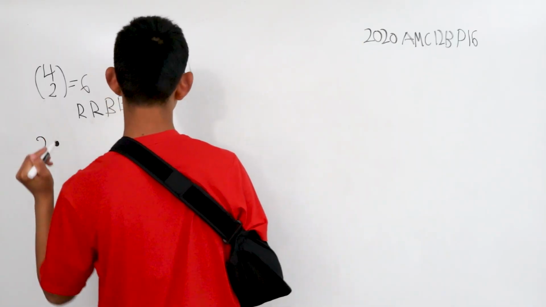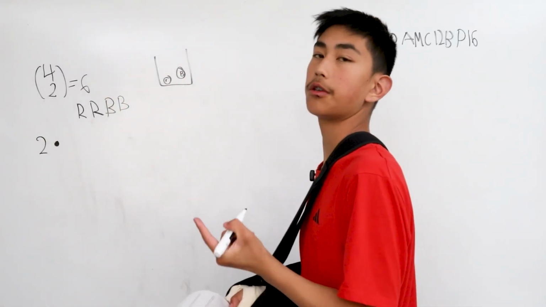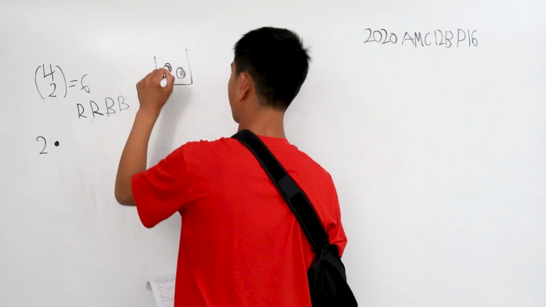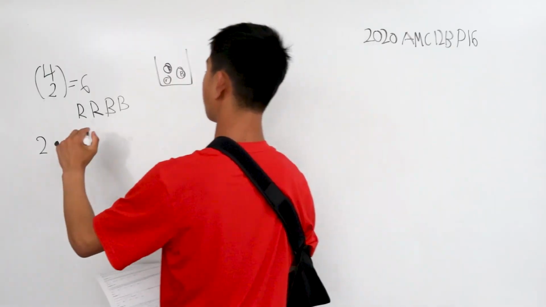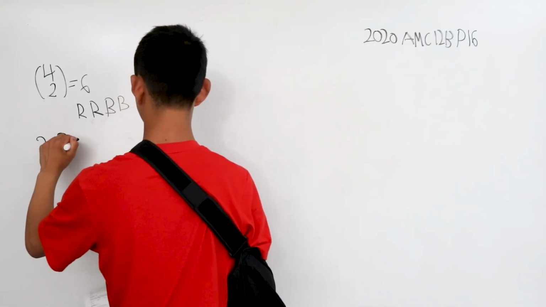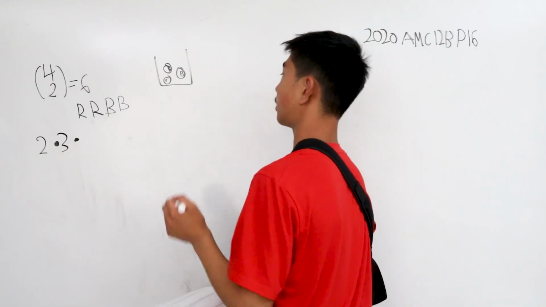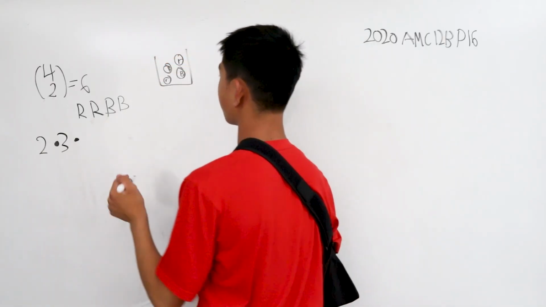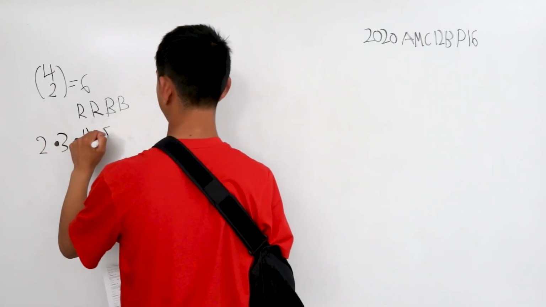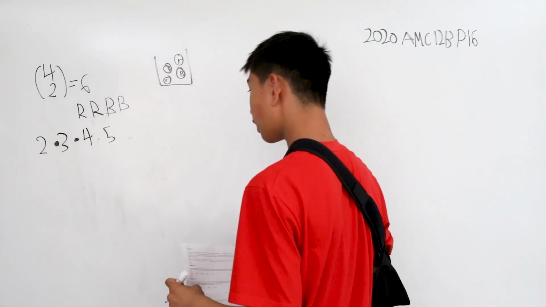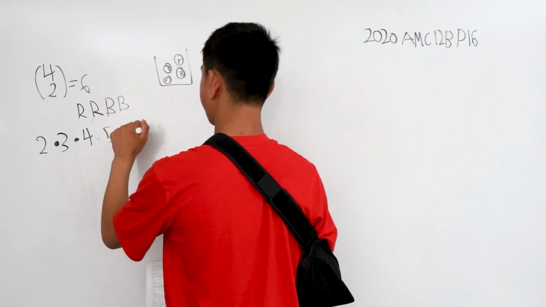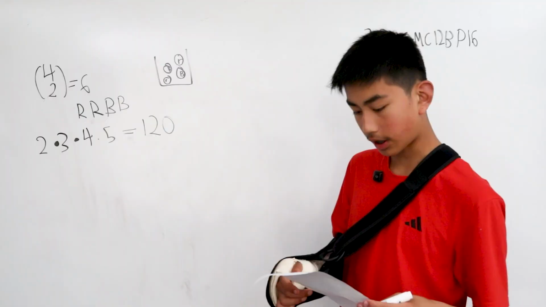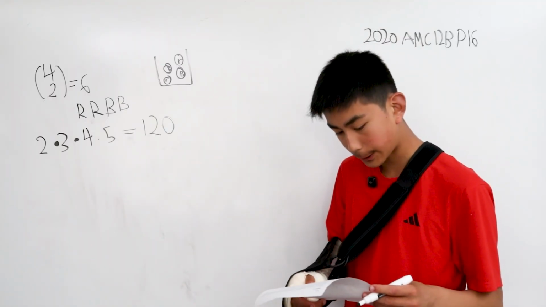Multiply by the next step: say you take one out and it's the blue one, and you put another blue one back in. Well, now there's 3 balls you can draw, 3 individual ones, and then say you draw the red one, and then red, and so on. So this would be 2 times 3 times 4 times 5. This value here is 120. So there are 120 total ways to draw out these 4 balls.